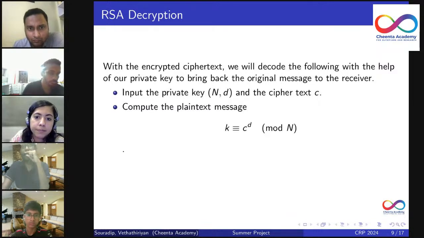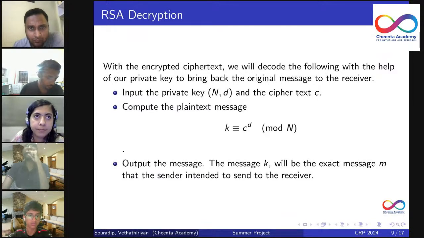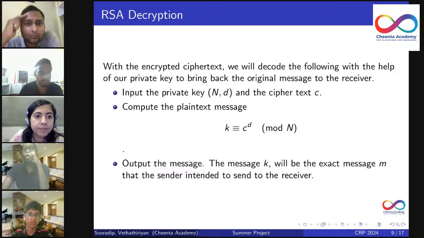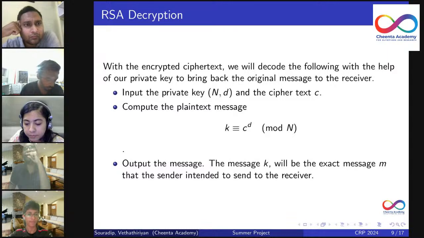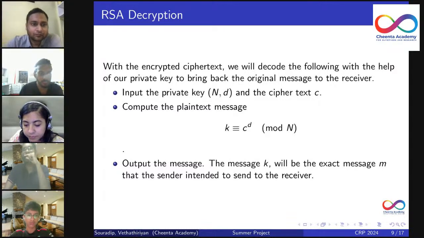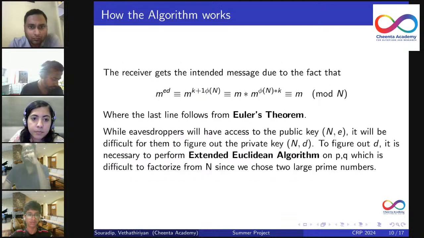He will decode a message k, equivalent to c to the power d modulo N, where d is the inverse of e modulo phi of N. Now my claim is that this message k will be the exact message m that the receiver wanted to get from the sender.